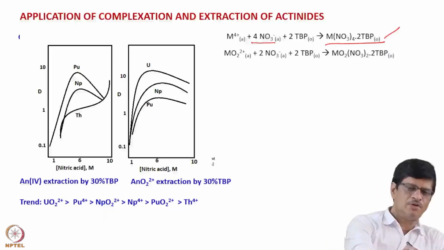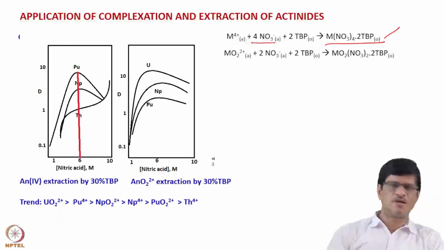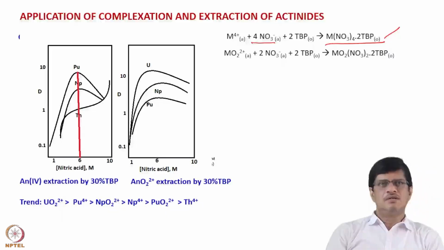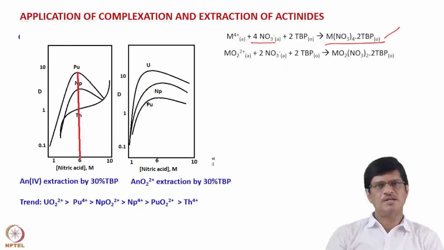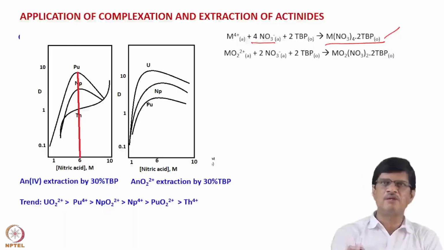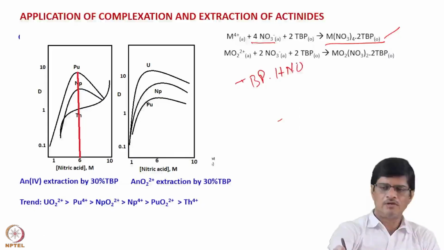However, beyond around 6 molar nitric acid, the extraction of this tetravalent ion, here in this case the plutonium 4+ ion, is decreasing. That is because of 2 factors. Number 1 is that TBP is forming a complex with nitric acid, that is TBP·HNO3.